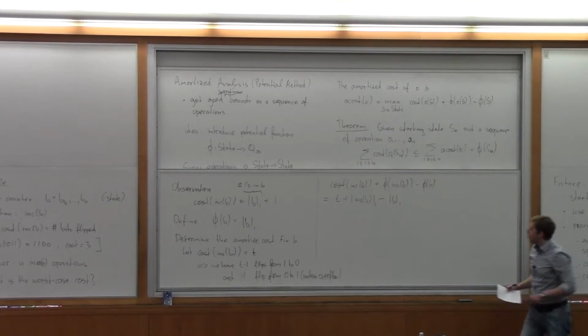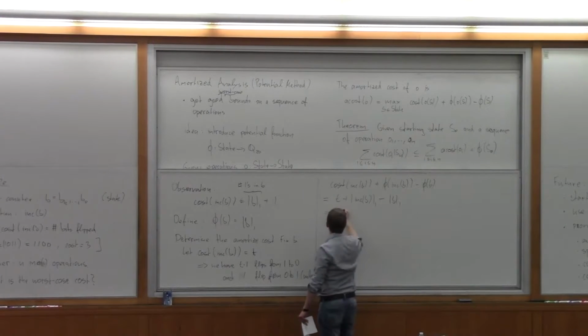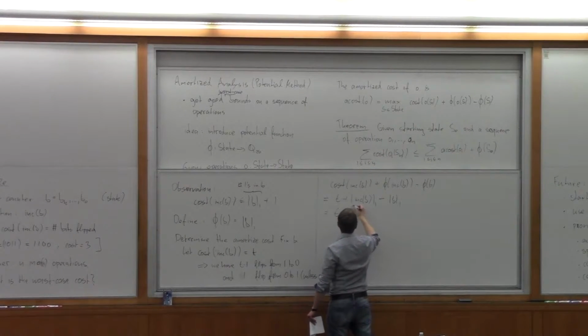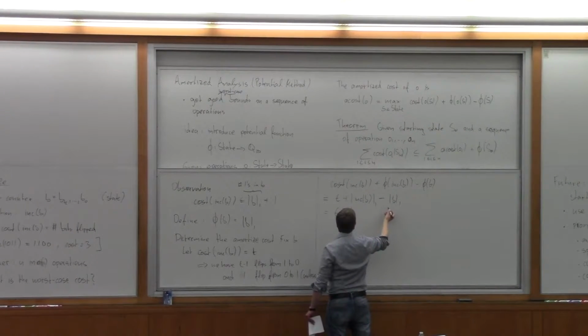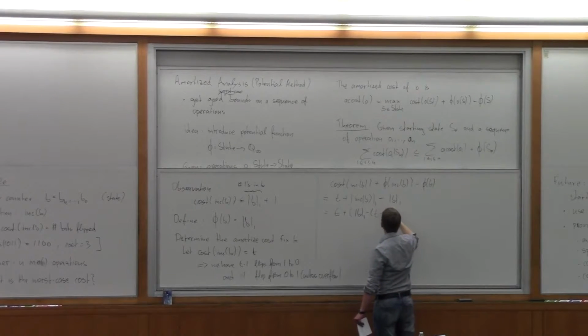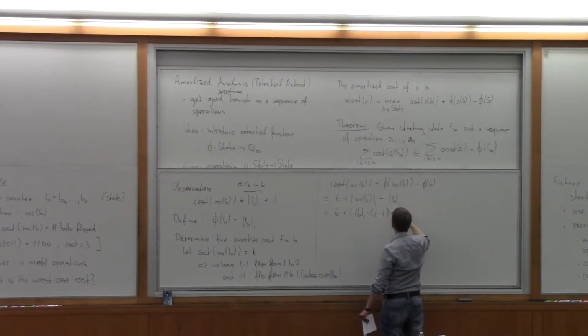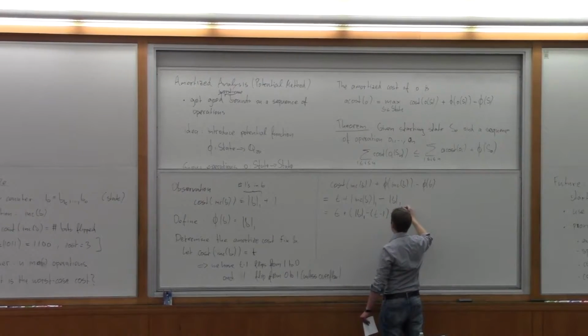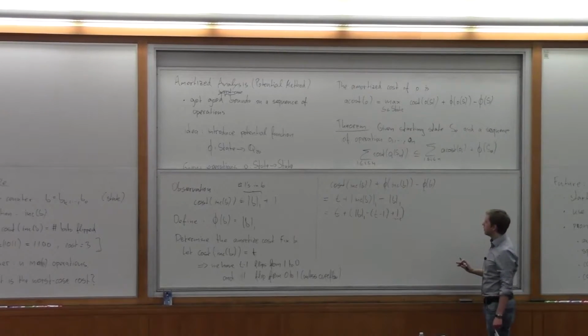Okay, but now we can express this number here by saying, okay, this is the same thing as B, minus the number of ones we flipped, T minus 1, plus the number of zeros we flipped, 1, which is not always the case if we overflow. We have to come back to that later.